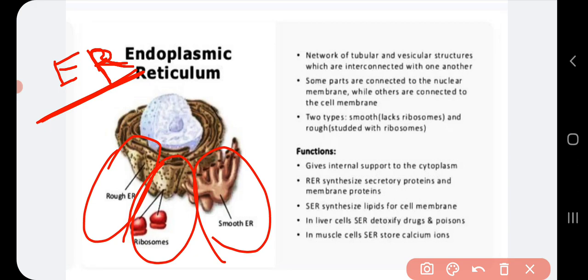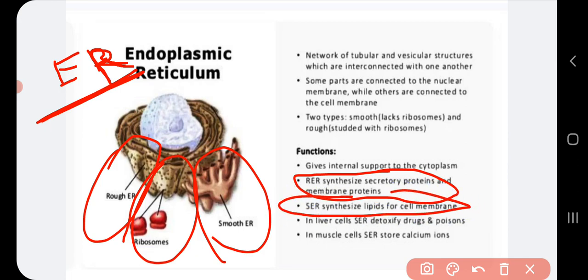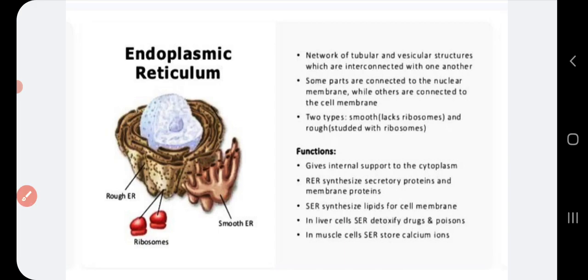The SER, smooth endoplasmic reticulum, synthesizes lipids for the cell membrane. This question will definitely come in the exam, where you may be asked the functions of RER and SER and what they synthesize. Smooth synthesizes lipids for the cell membrane, and rough functions for secretory proteins and membrane proteins. In a liver cell, SER detoxifies drugs and poisons, and in a muscle cell, SER stores calcium ions. So keep these points in mind.